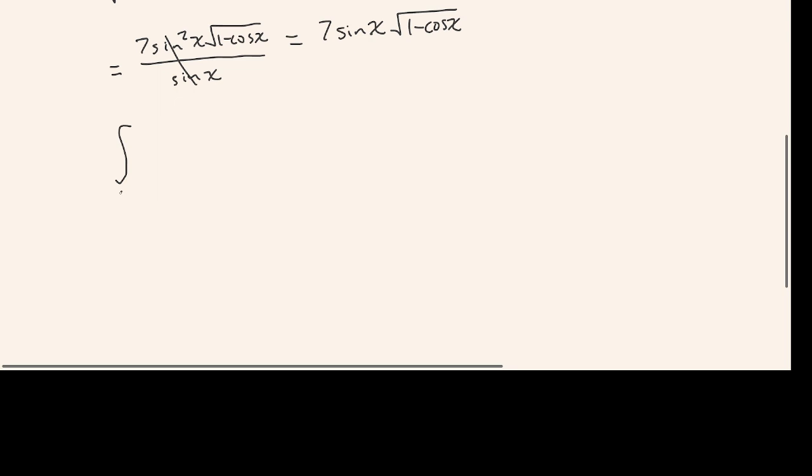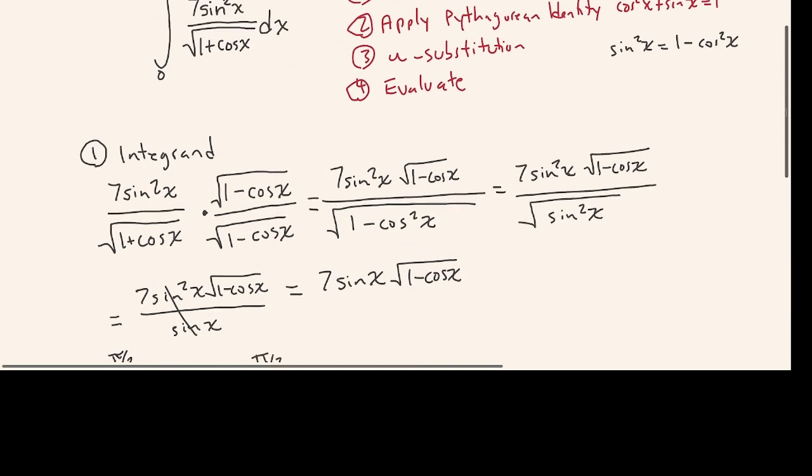The integral from 0 to pi thirds of 7 sine squared x over the square root of 1 plus cosine x dx is equal to the integral from 0 to pi thirds of 7 sine x times the square root of 1 minus cosine x. Let me just double check and make sure I got that right. Yeah, that's the starting integral.